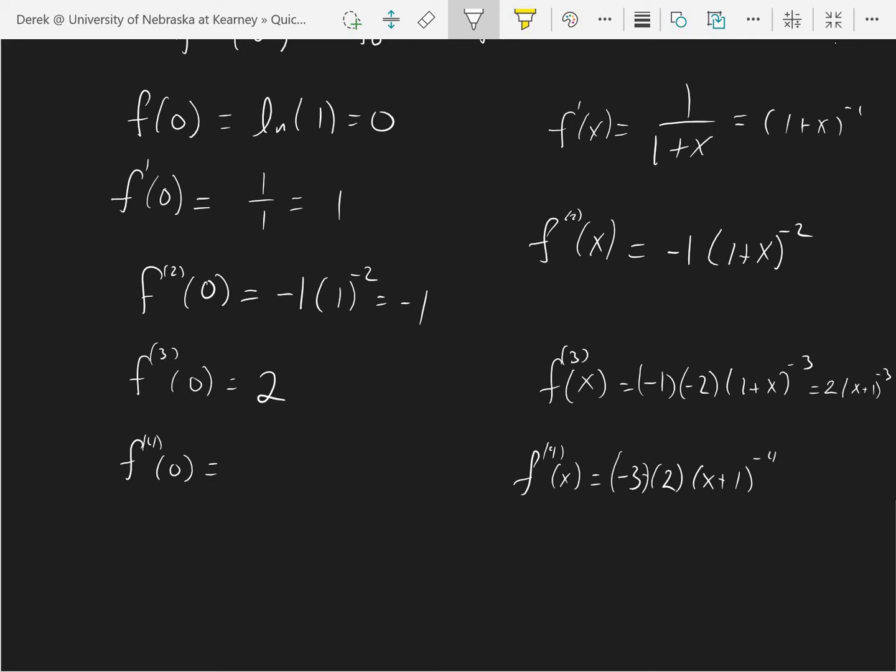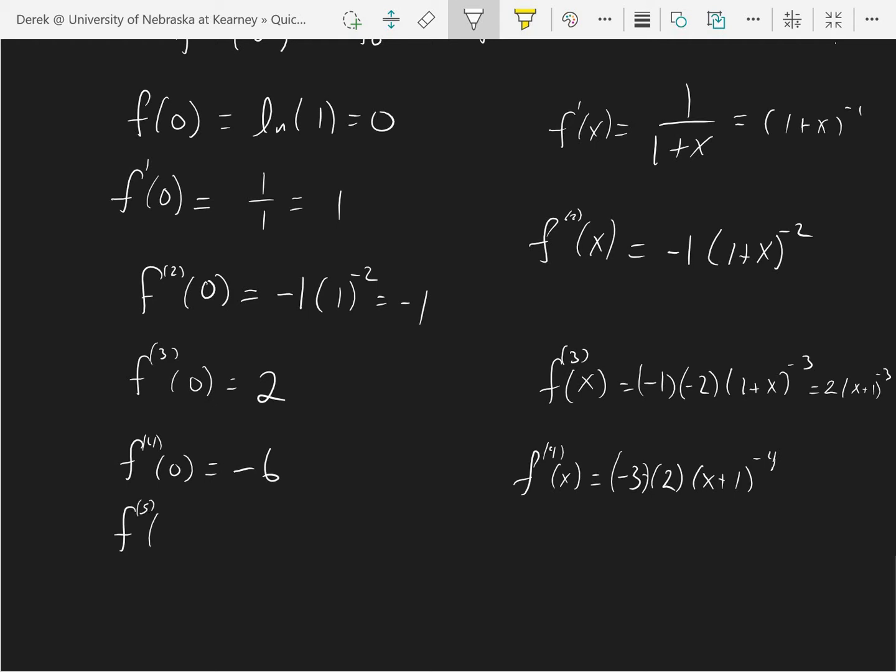So what it looks like is each time I'm going to be increasing the factor by the derivative that I'm taking, right? So minus 1. So this is going to be negative 6.